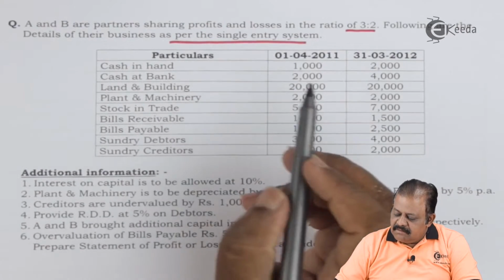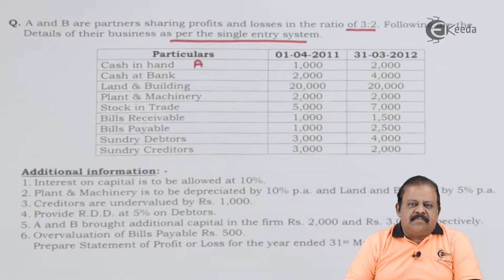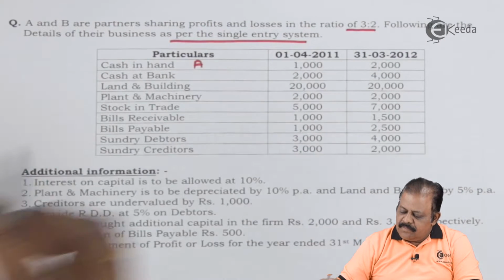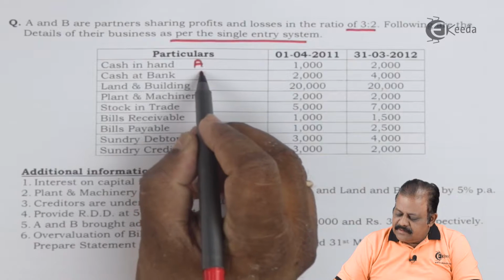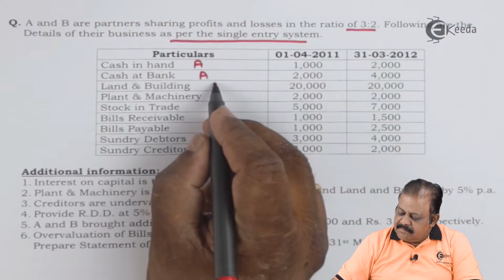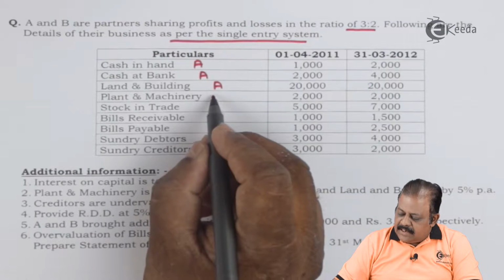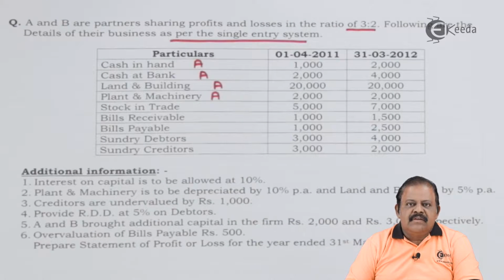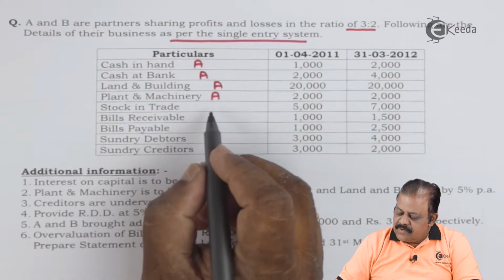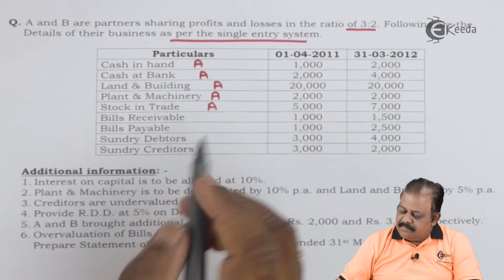Cash in hand, this will be recorded as asset in statement of affairs. Cash at bank, asset. Land and building, asset. Plant and machinery, asset. Stock in trade, asset.